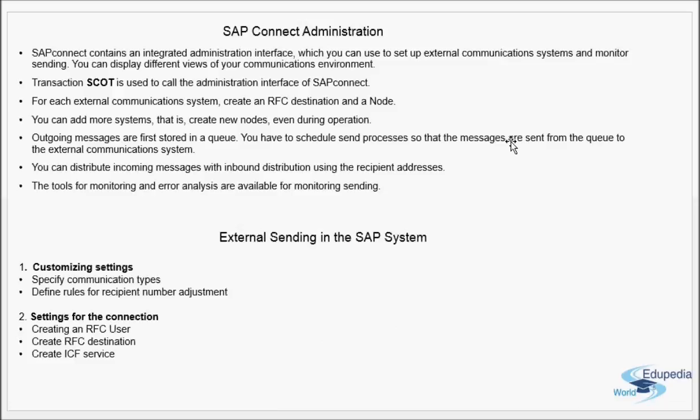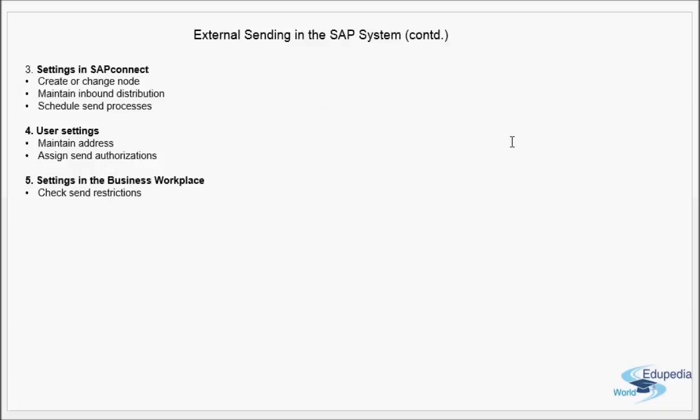And finally, for external sending, what things are to be kept in mind. These 5 things: customization, then setting up the connection, then the settings in SCOT, then the user settings and the business workplace if required, like what restrictions we can make for the users in this business workplace transaction.